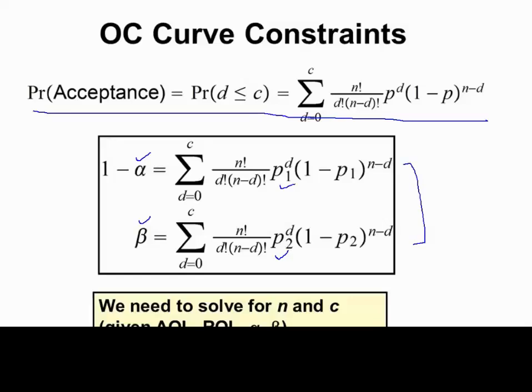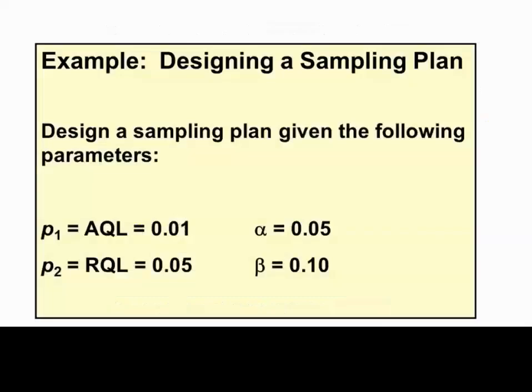This is more of an algorithm where we have to search for the values of N and C that allow alpha and beta to be no higher than the constraints we put on. So it's more of a numerical procedure, which we won't do by hand, obviously. All right, let's look at an example then.